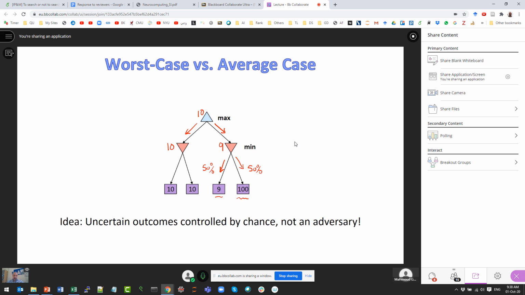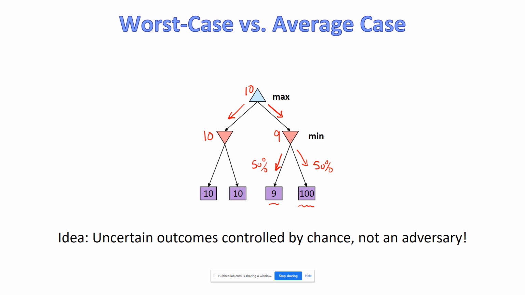Mahmoud? Yes, so in the worst case, we will get 9, but sometimes we will get 100, right? What would we get on average? On average, we might get 100 or 9, right?